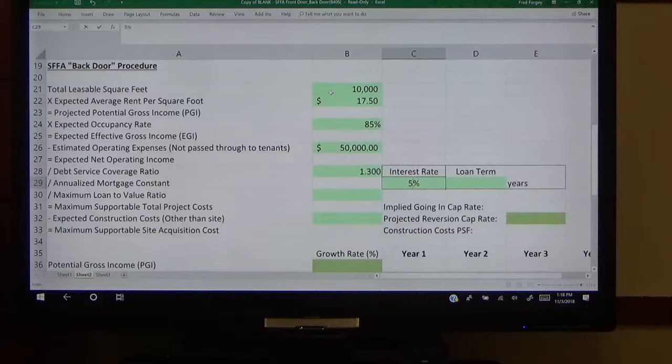Interest rate 5%, 15 years. Loan to value 80%. And estimated construction cost $750,000. Those are the input variables that we need.